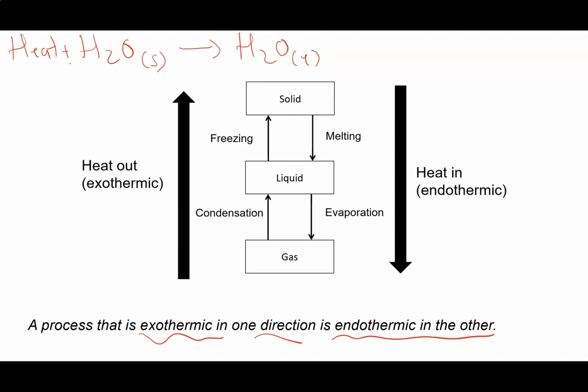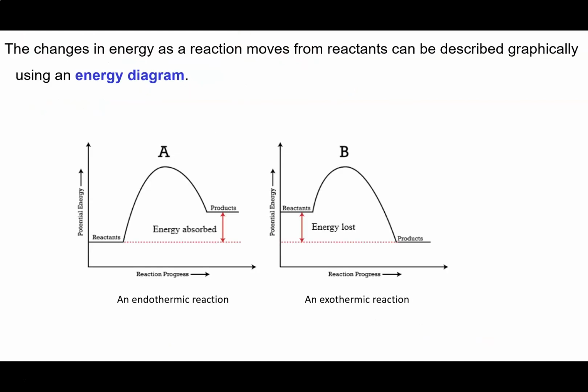I have to put heat in to make that happen, right? Now, I automatically know because of that observation that if I want to go from liquid water to solid water, I have to take heat out. So heat will be a product of that reaction. That's what we're talking about here. When you change the direction of the reaction, you change the direction of the heat flow.